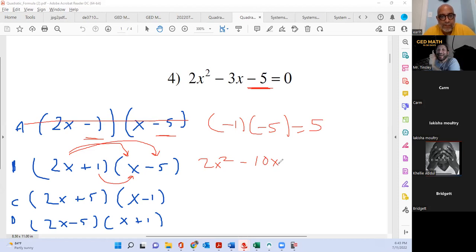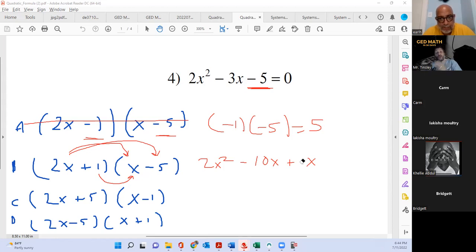What is 1 times x? It's 1x, plus 1x. Do we need the 1 in front of an x? No. You will never see a 1 in front of a variable, ever.